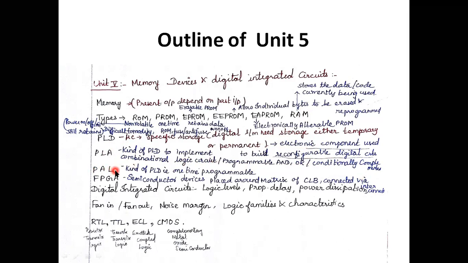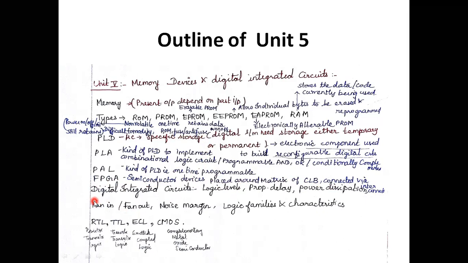PAL stands for Programmable Array Logic. It is a kind of programmable logic device and is one-time programmable. FPGA, Field Programmable Gate Array, is a semiconductor device placed around a matrix of configurable logic blocks, connected via interconnects. So these are the things you are going to see in the first part.